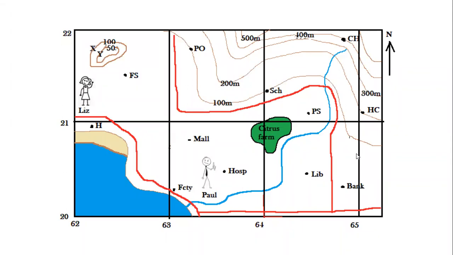Now, for her mom to go from the health center to the school, I want you to tell me, will she have to go upslope or will she have to walk downslope?